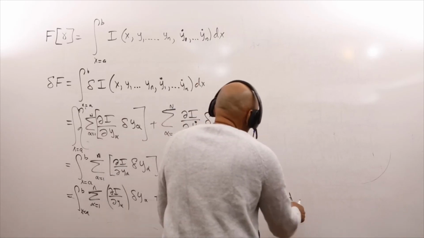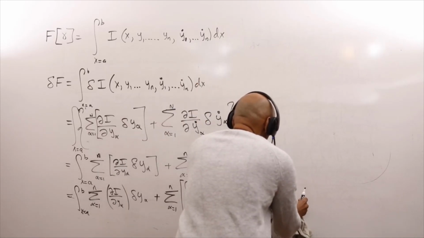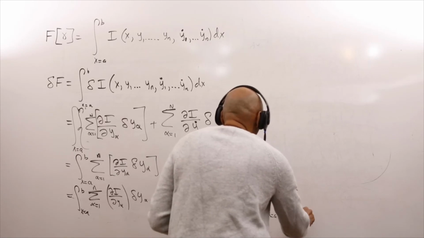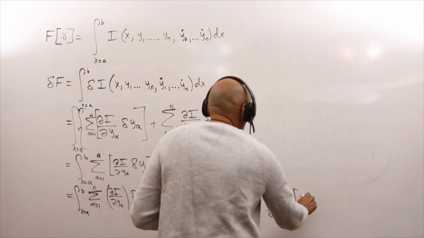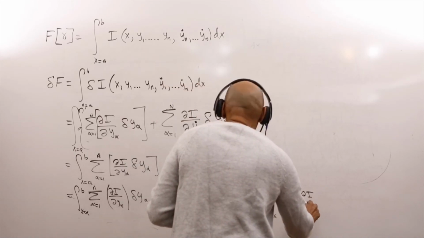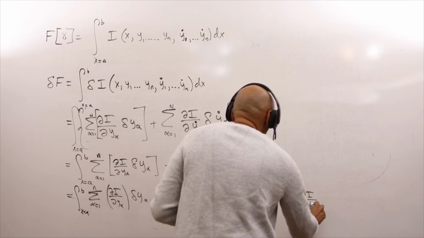Actually, I do two steps at the same time, but it's okay, I'll do it the long way. Then this is the partial of f with respect to y dot alpha.